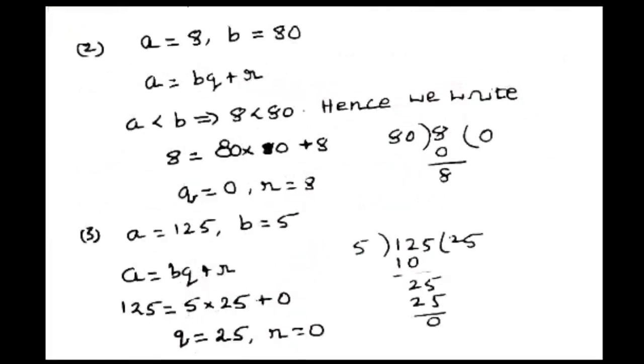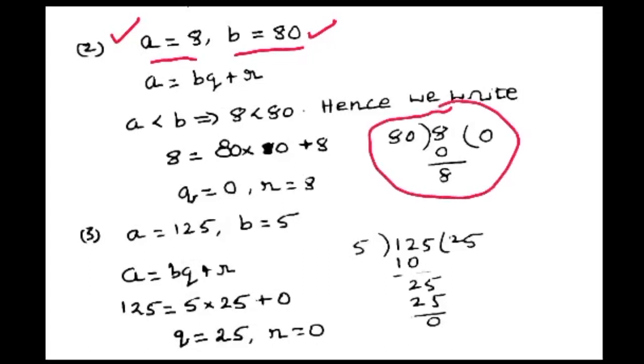We consider the problem A equal to 8, B equal to 80. That is, dividend is 8, divisor is 80. Here in this case, the dividend is a smaller number than the divisor. So, 8 divided by 80, quotient is 0 and the remainder is 8.